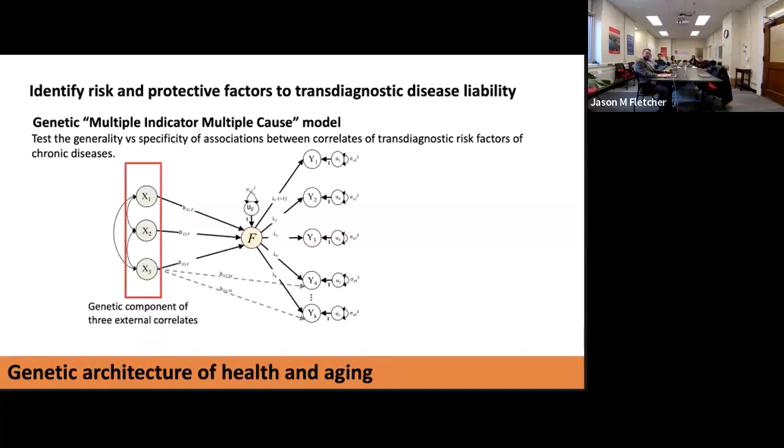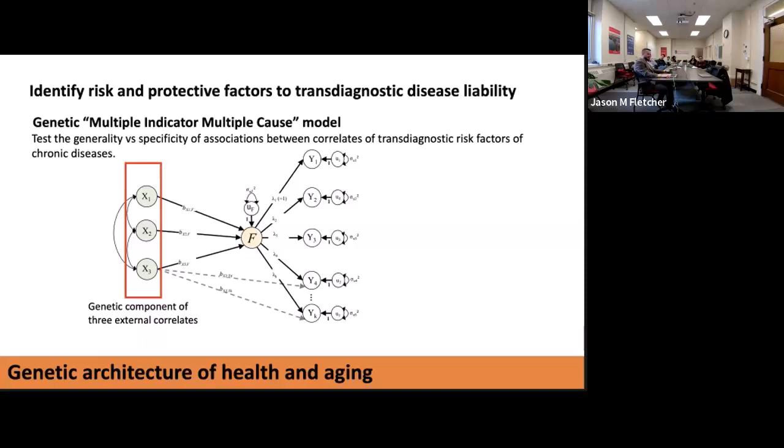These X variables here represent the genetic component of three external correlates. This could be physical activity, educational attainment, or smoking behaviors, and a single common genetic factor underlying a number of diseases as represented by these factors.